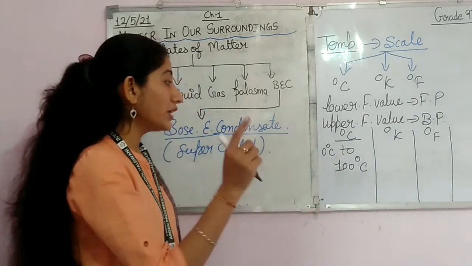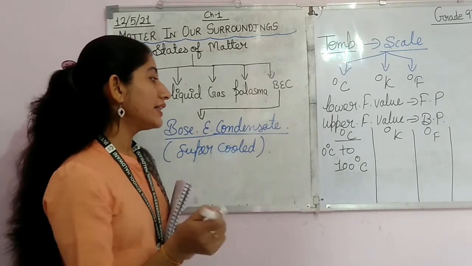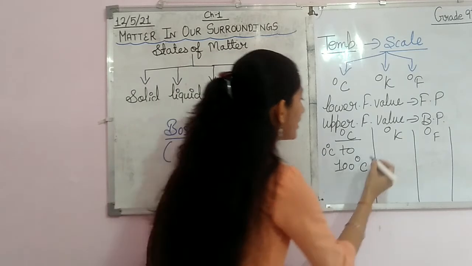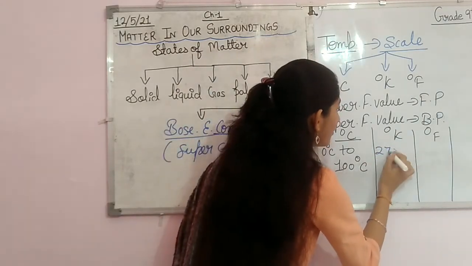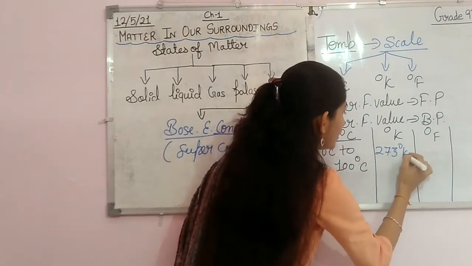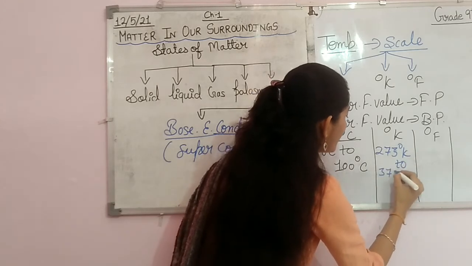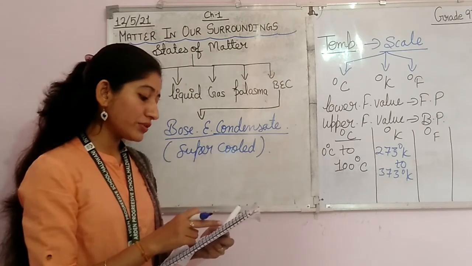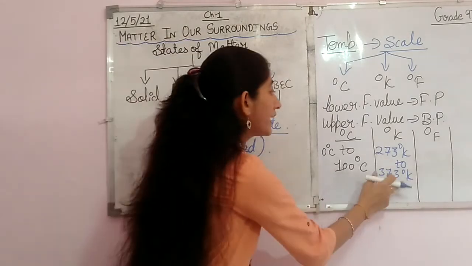When we talk about the Kelvin scale, its lower fixed value is 273 degree Kelvin and its upper fixed value is 373 degree Kelvin.